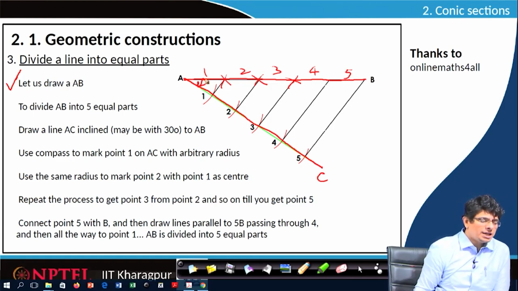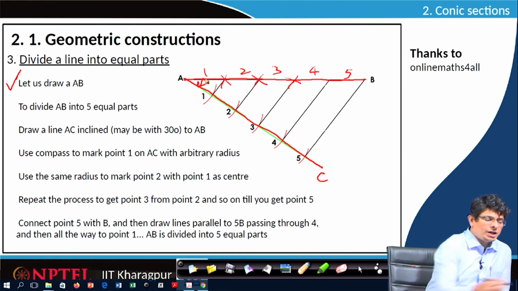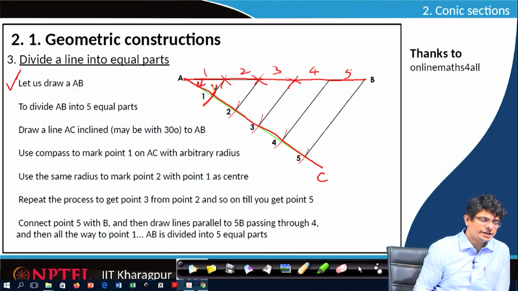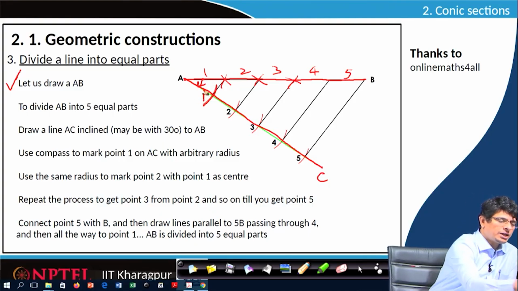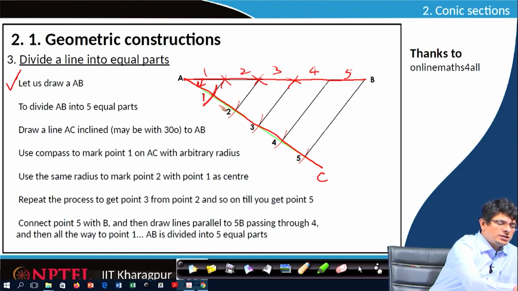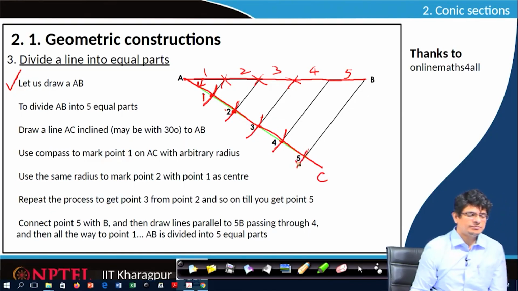Now, use compass to mark point 1 on AC. From A to 1, pick an arbitrary arc, locate it, then call this one as 1. Similarly, from this one as center, with the same radius, mark another one, and again with the same radius, mark another one, and again the same radius, mark another one.